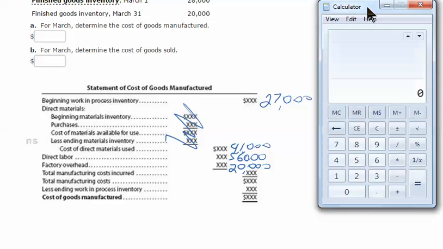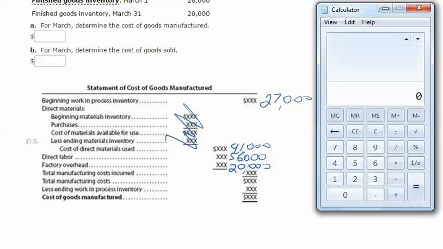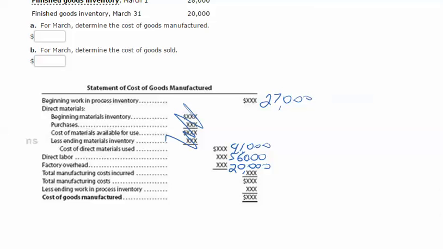So the next thing I'll need to do is to add those numbers together. I'm going to add the cost of my materials, 41,000. I'm going to add the 56,000 in direct labor and the 20,000 in factory overhead. That equals $117,000 for a cost incurred for manufacturing.